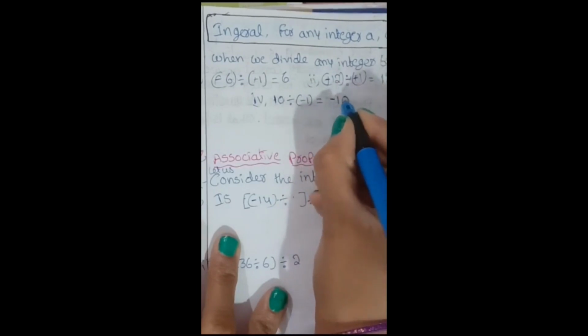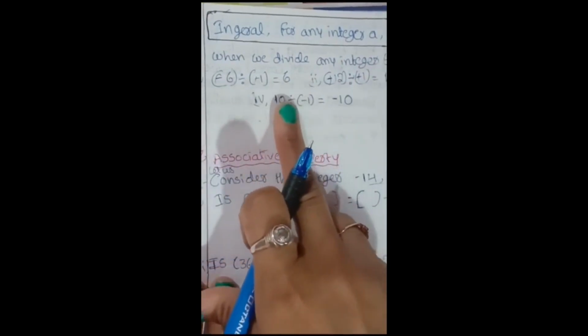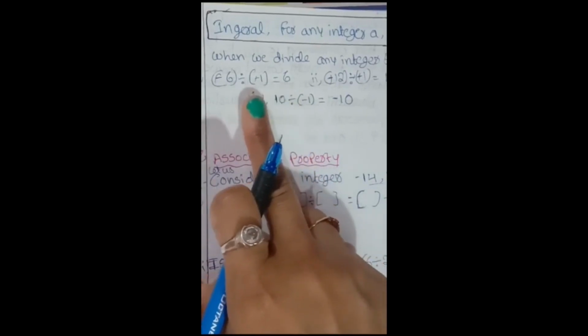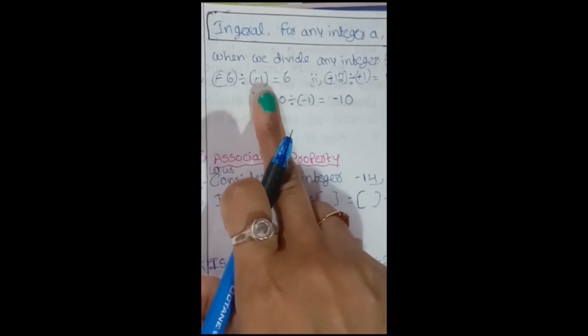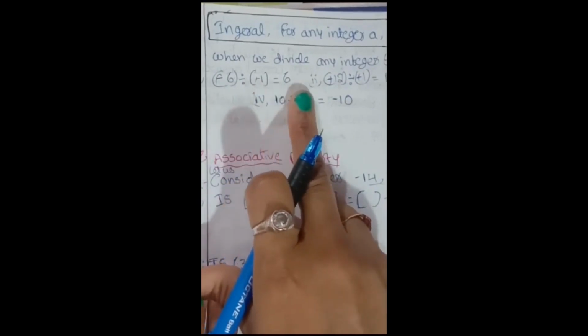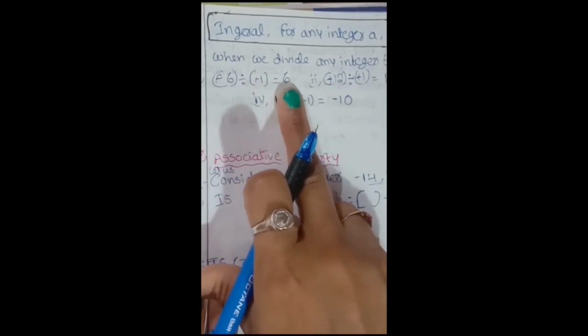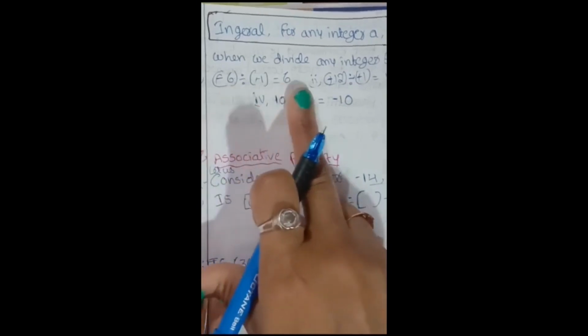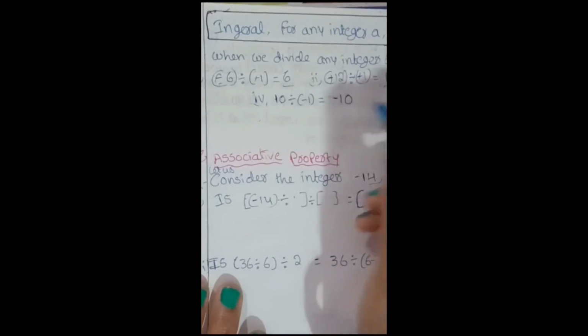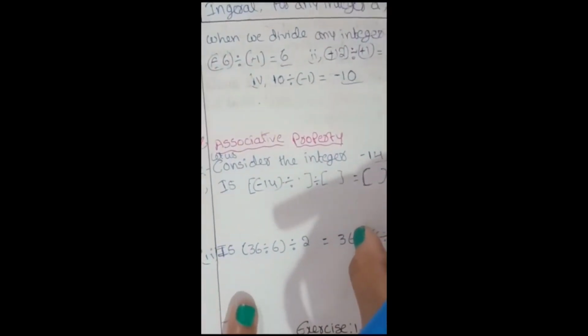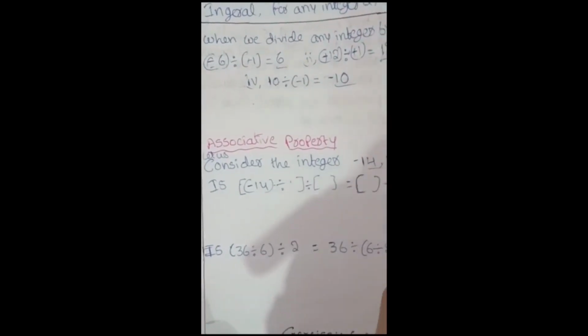From the above examples, what are you observing? If any integer is divided by minus 1, we will not get the same integer as the quotient. It gives its additive inverse.